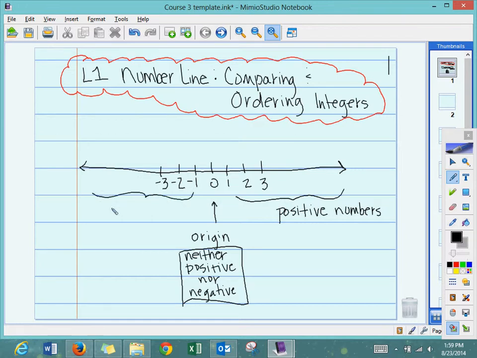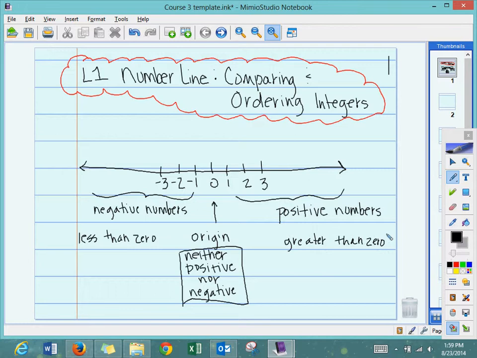The left side are your negative numbers. Just another note, negative numbers are less than 0. And positive numbers are greater than 0.